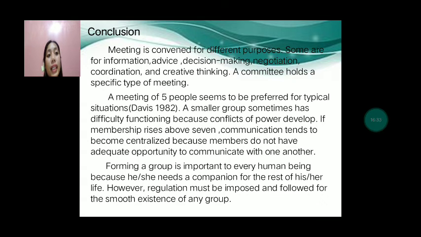A committee holds a specific time of meeting. Of course, the one who has a higher rank in a certain group has the ability to hold a specific type of meeting.